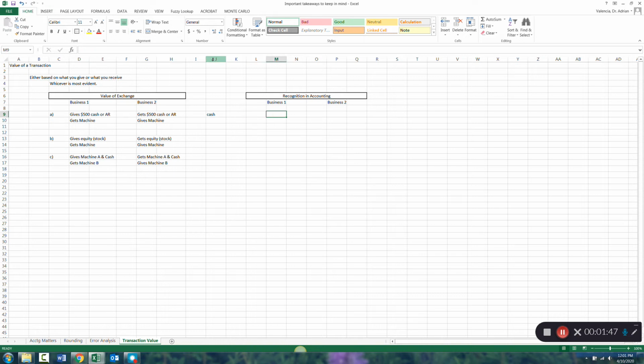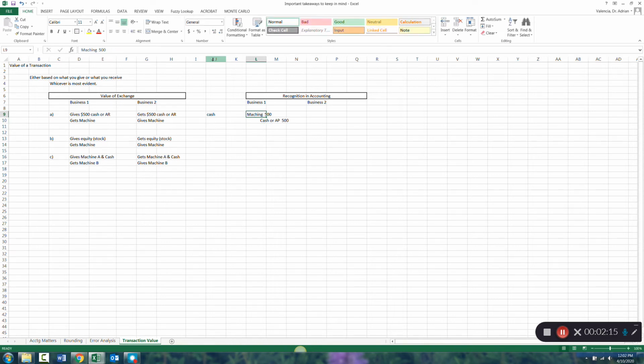So here, for business one, let me align this real quick. For business one, their recognition in the books is for $500. In other words, they'll go in there and debit machine 500 and then, let me correct this, credit either cash or AP for 500.